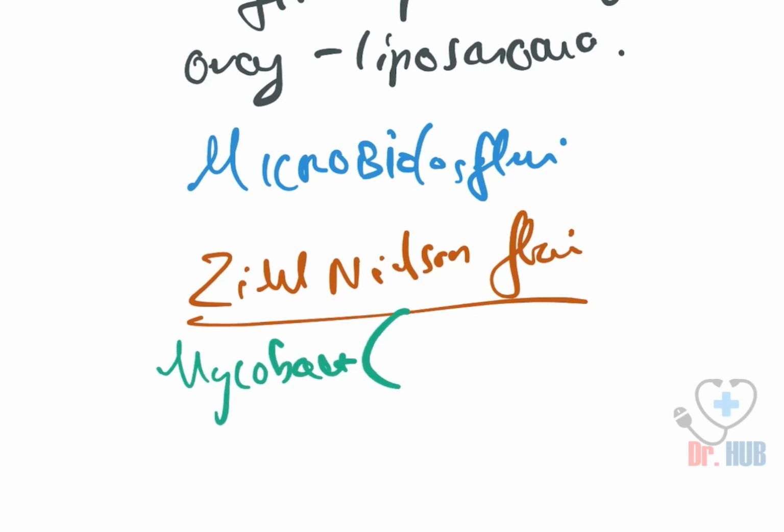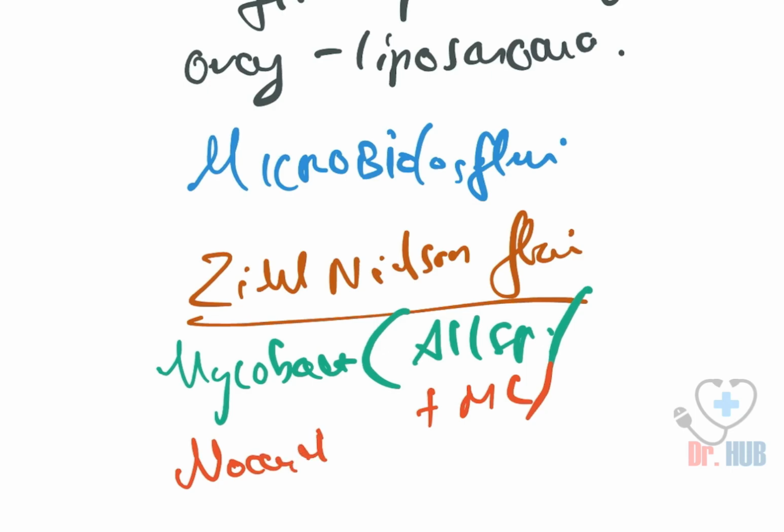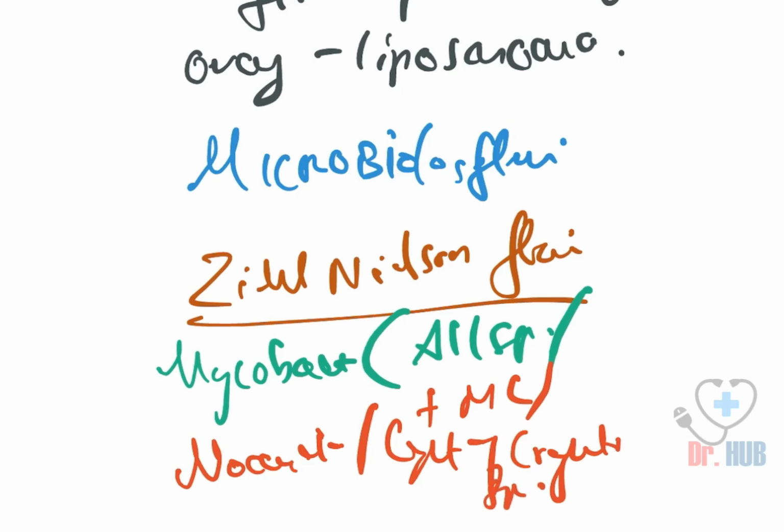So this can include almost all species, and it also includes the Mycobacterium leprae. It also includes the Nocardia species and the cyst of the Cryptosporidium parvum.